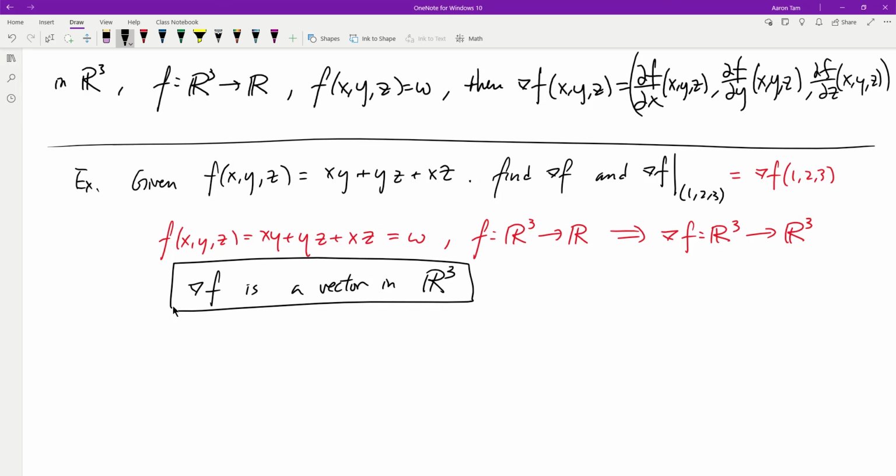What are those 3 things? They are the partial derivatives of f. So our gradient of f is equal to (df/dx, df/dy, df/dz). If you have difficulty taking partial derivatives, you are going to have so much trouble with this type of problem, because this one problem requires me to take a partial derivative 3 times.